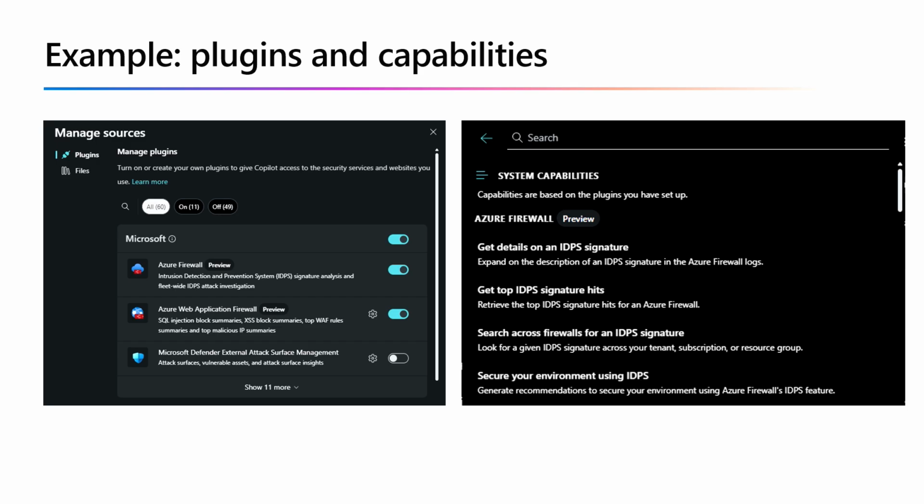The integration enabled by the plugin for any specific data source provides Copilot with a collection of capabilities. Each capability is like a function in software. It's designed to do a specialized task within the scope of the data source. The capabilities also serve as prompts. You can select a capability and it will run as a prompt.